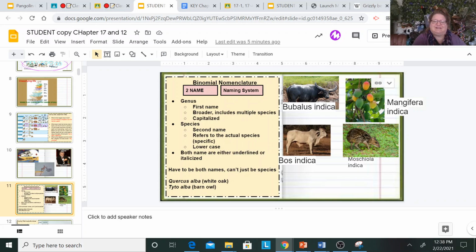Mangifera indica, that's the mango. And then the Muscula indica, which is a little tiny deer, oftentimes called the mouse deer. And so all of these have been named because we find them specifically in India. But that's not going to be super helpful to us. We need to have that genus name to help us narrow things down.